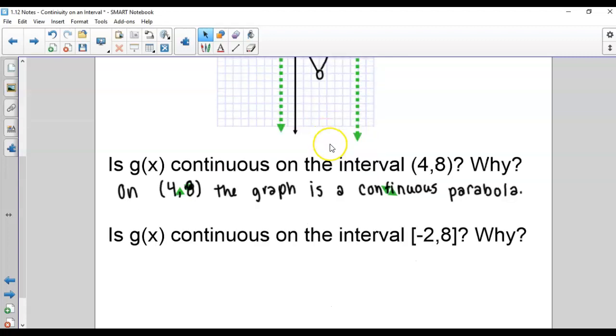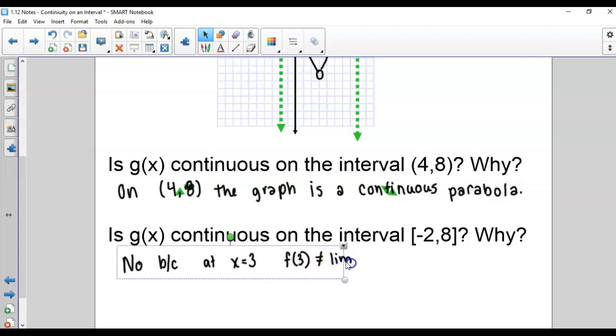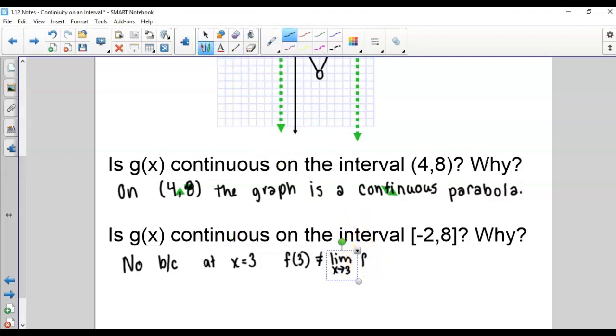They do not. So we would say no, because at x equals 3, f of 3 does not equal the limit as x approaches 3 of f of x.